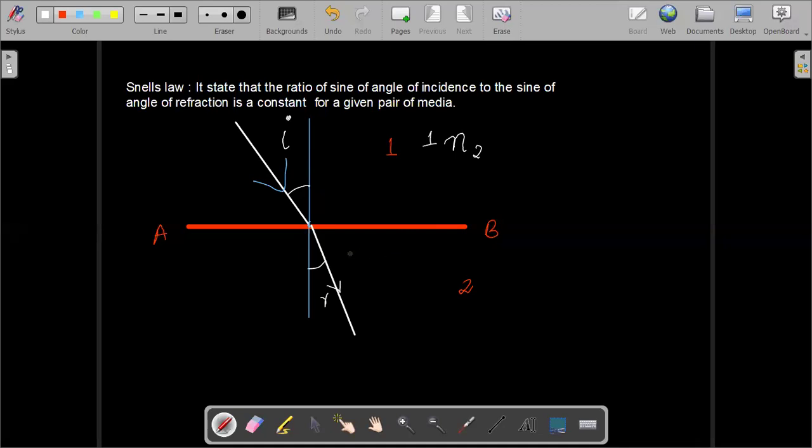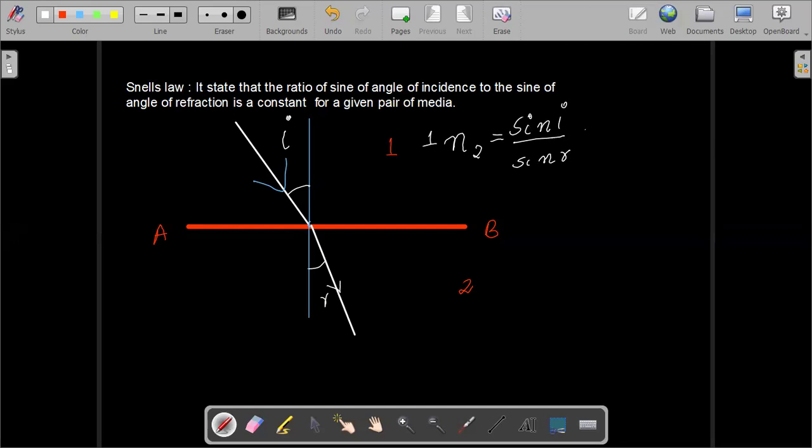Hence we will say that the refractive index of medium 2 with respect to 1 will be equal to the ratio of sin i over sin r, the sine of angle of incidence to the sine of angle of refraction.